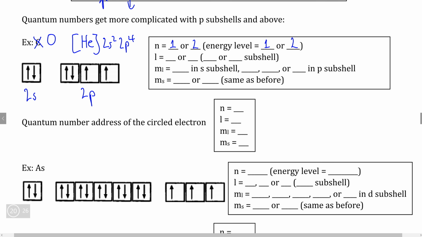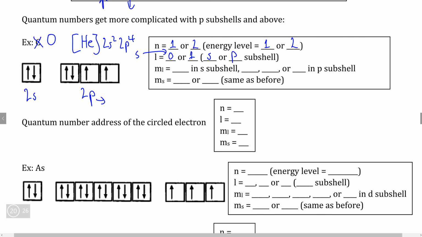Now, we see for the first time that oxygen has a p subshell, meaning that l can either be 0 if we're dealing with oxygen's s subshells, or it can be 1 if we're dealing with p subshells. So again, l equals 0 corresponds to an s subshell, and l equals 1 corresponds to a p subshell.